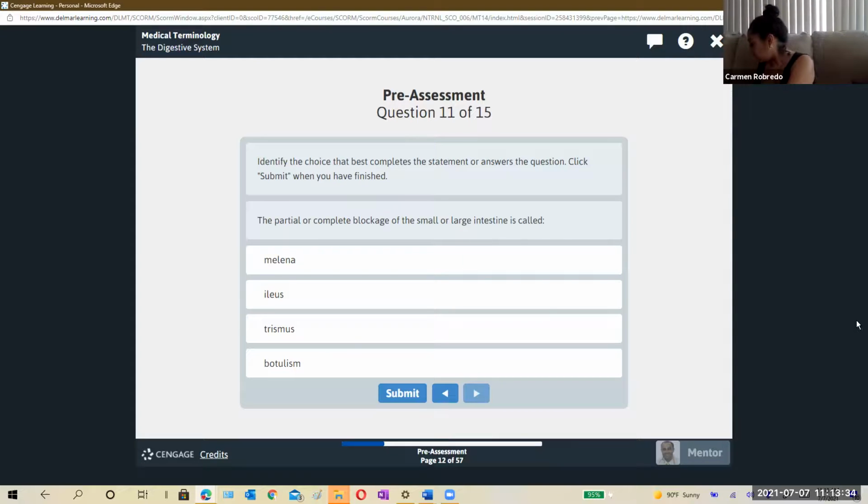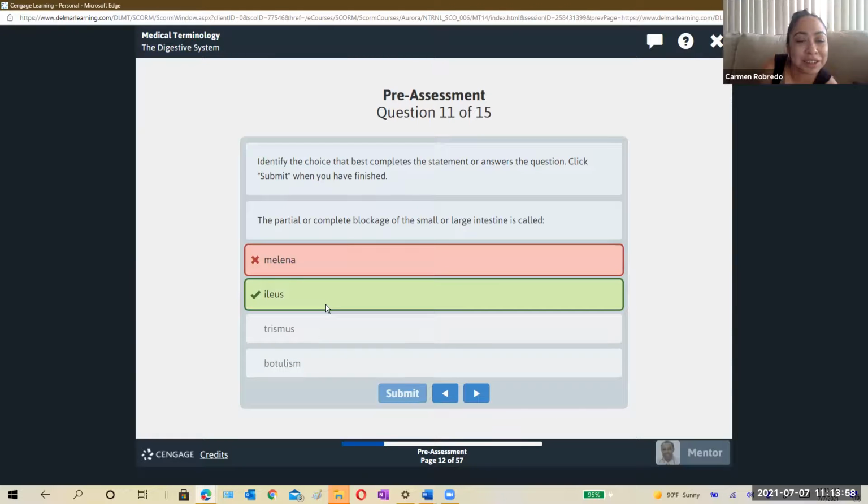Let's see. It's not trismus. Well, we can try. I feel like I should know this.